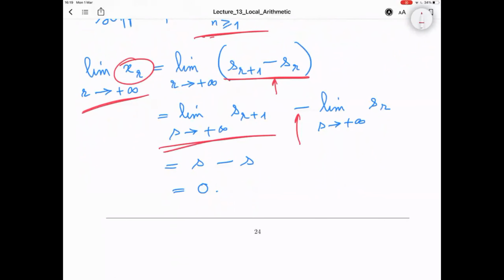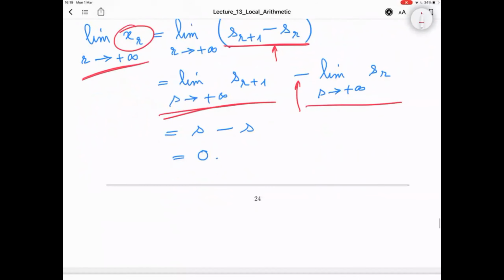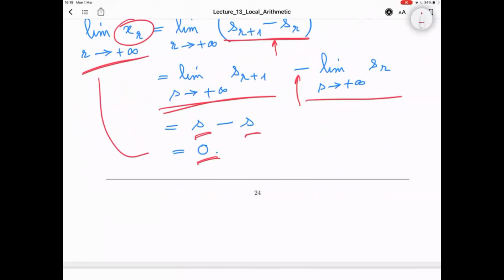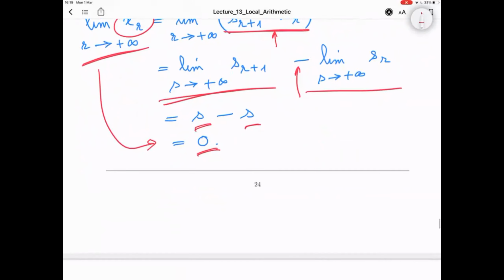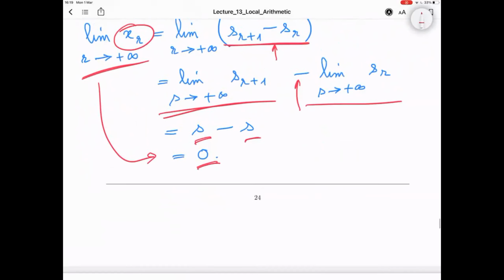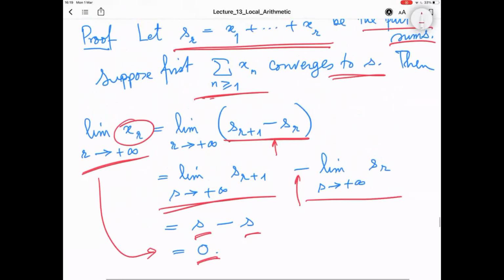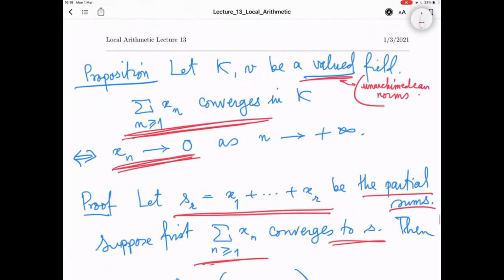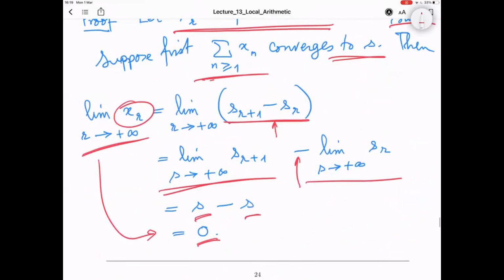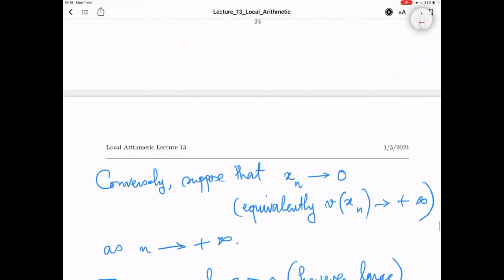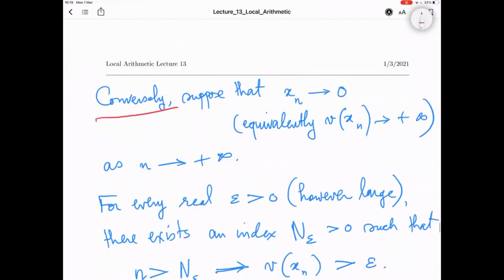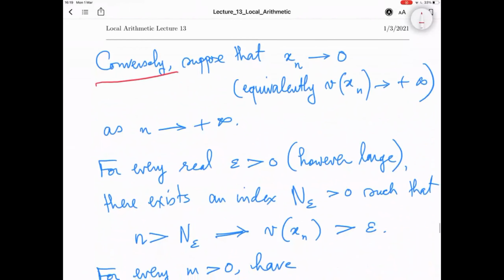You have the first limit and the second limit, but of course they are the same limit. So the limit of x_r is equal to 0. We have not used the fact that we are in a non-Archimedean situation, so this is true in general. For the converse, you will see that we have to use some non-Archimedean arguments.